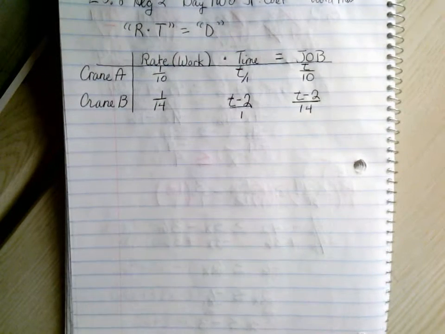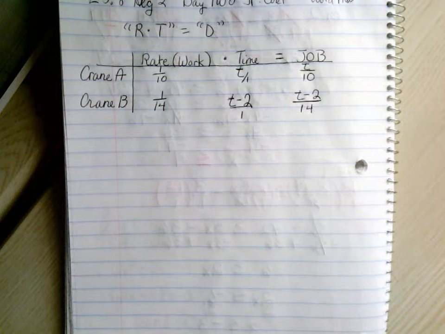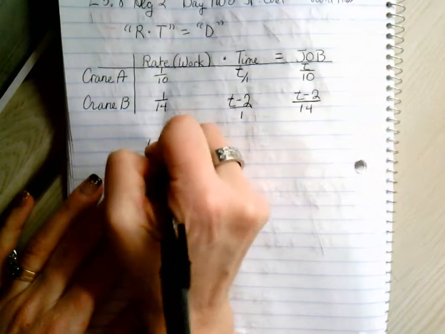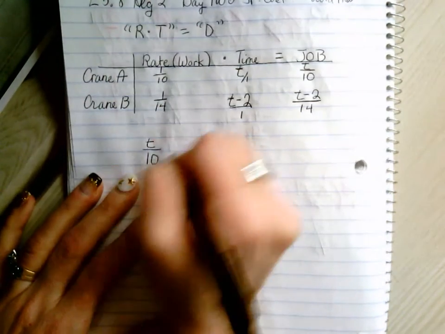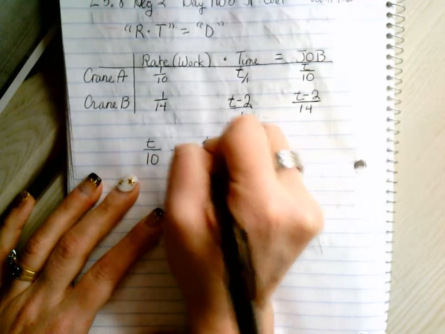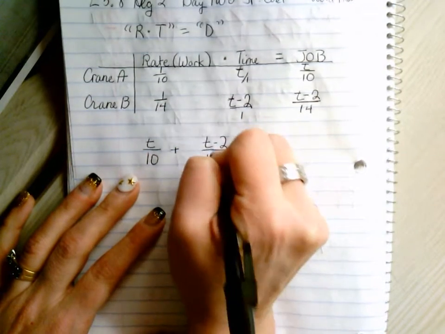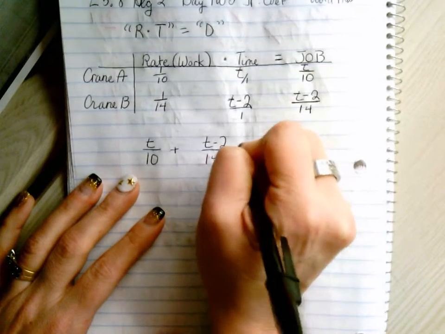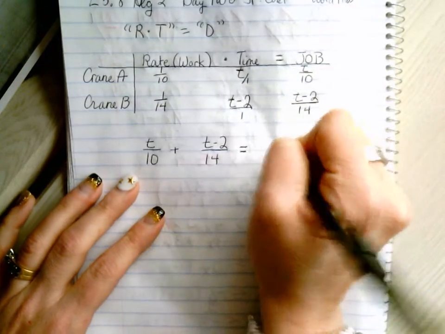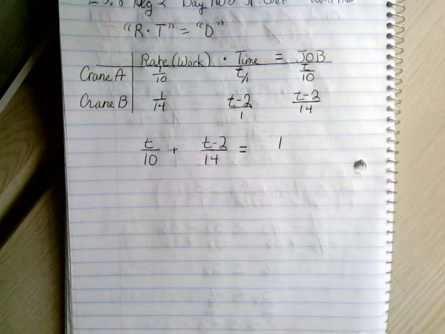But what is the end result? If I add these two things together, t/10 plus (t minus 2)/14, what does it equal? Here's where it gets a little strange. It equals 1, because I am looking for the completion of a job.